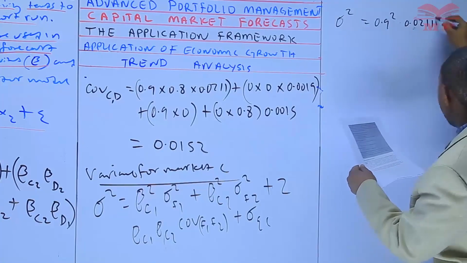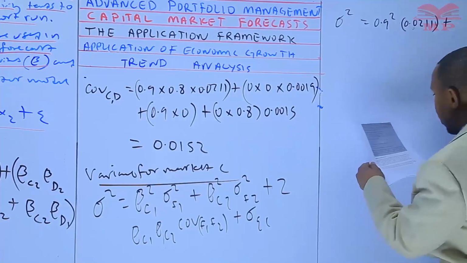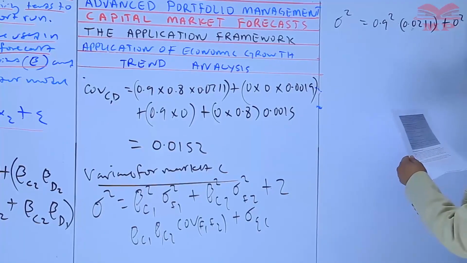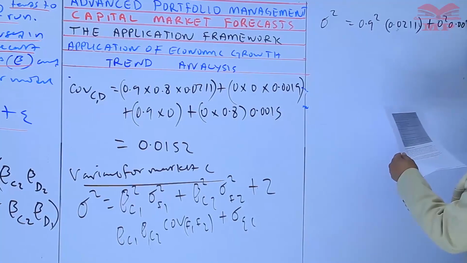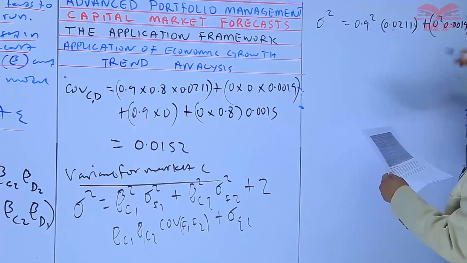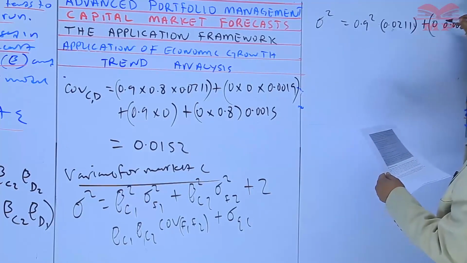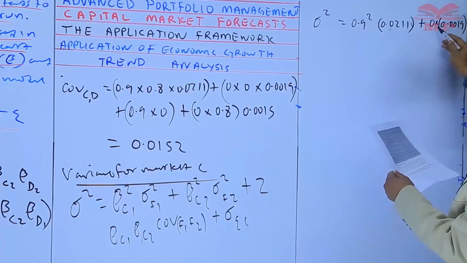Then we add 0 squared multiplied by 0.0019, so 0 times that value.